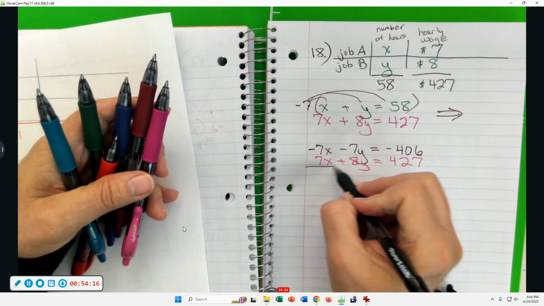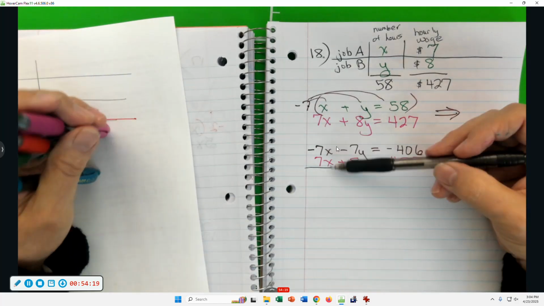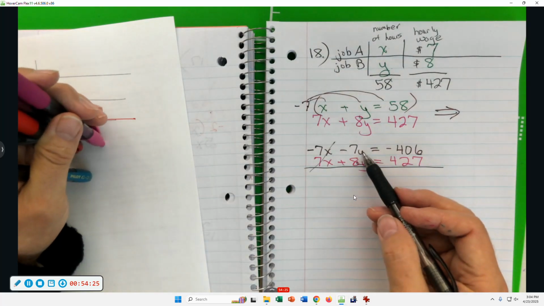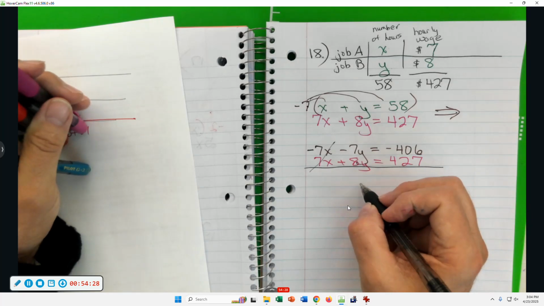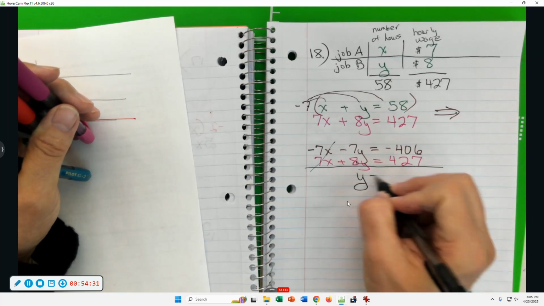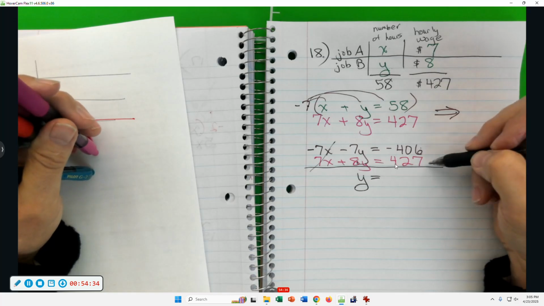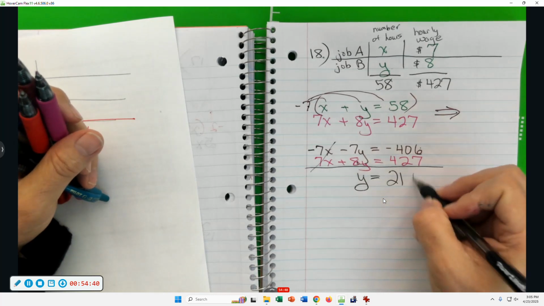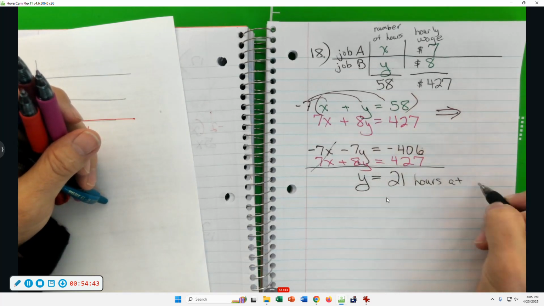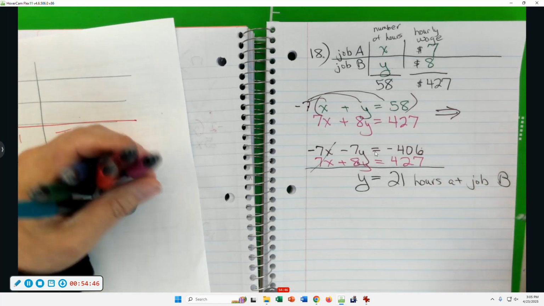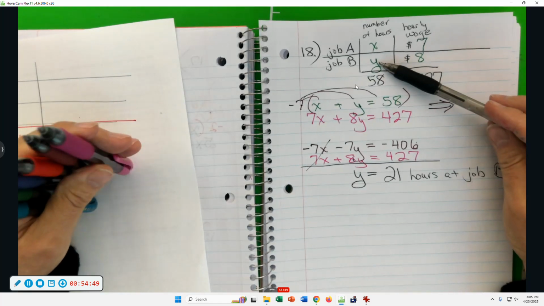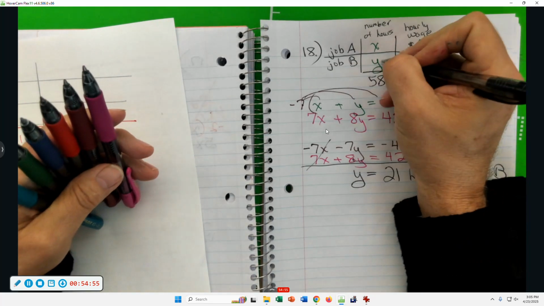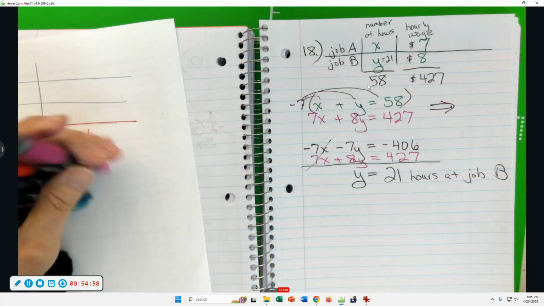Add the two equations together. -7x plus 7x, okay, so that's gone. -7y plus 8y gives me 1y equals -406 plus 427 gives me 21 hours at job B. Y is job B, the number of hours worked at job B. We solved for Y, so we know Mike was working 21 hours at job B.